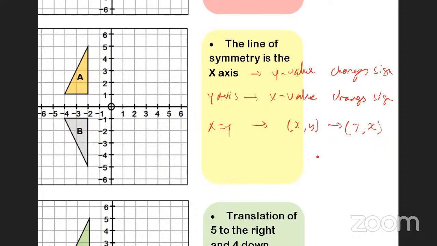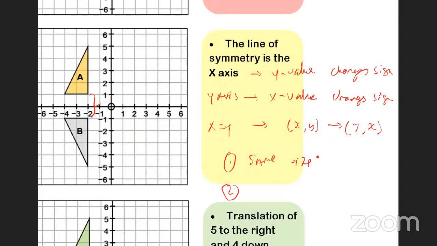What is something important whenever you're doing a reflection? Something very important. They must stay the same size. And just one more thing.